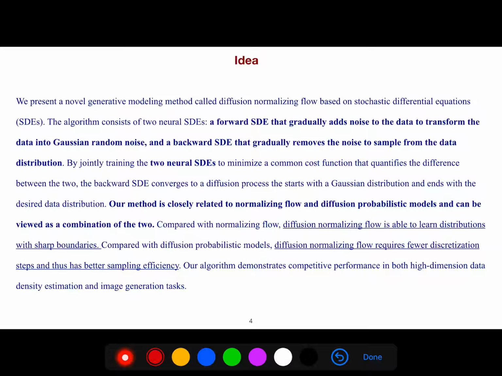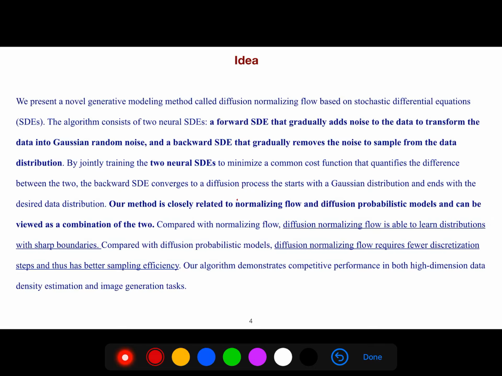By jointly training two neural SDEs to minimize a common cost function that quantifies the difference between the two, the backward SDE converges to a diffusion process that starts with a Gaussian distribution and ends with the desired data distribution. Our method is closely related to normalizing flow.